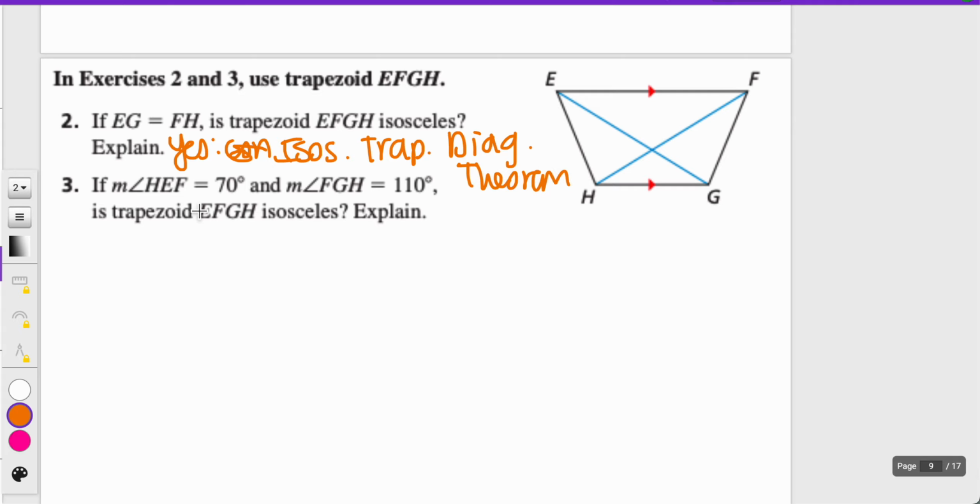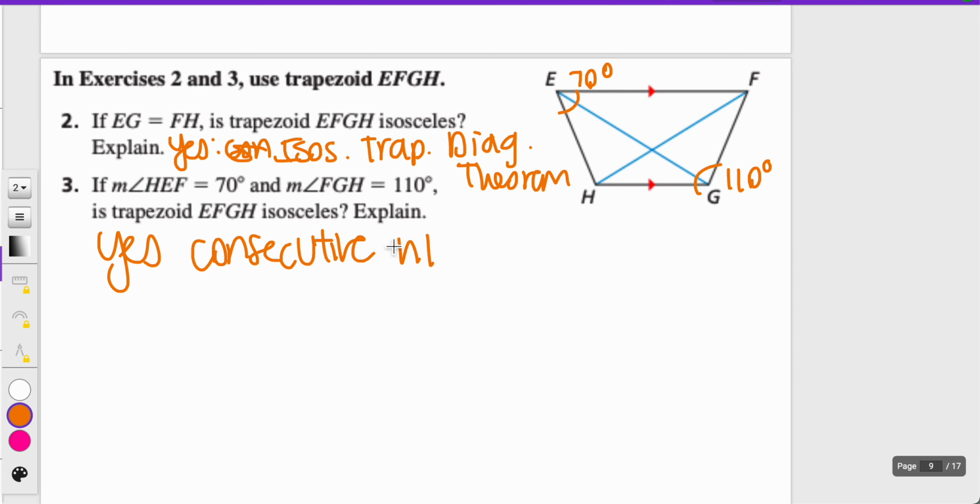Okay, and then it says if angle HEF, so this corner, is 70 and angle FGH is 110, could this be an isosceles trapezoid? Explain. We could say yes, due to the consecutive interior angles.